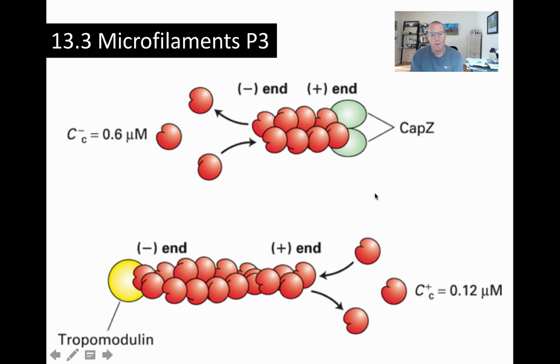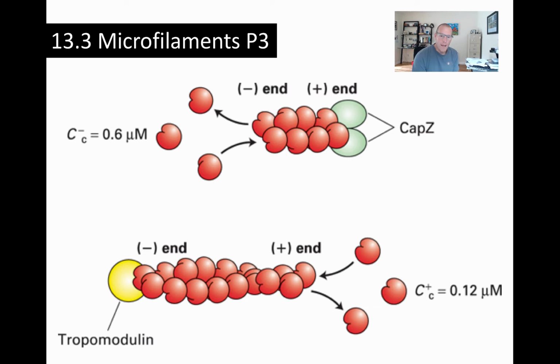So whether the microfilaments can actually grow is dependent on whether the ends are capped, and so there's a family of proteins called capping proteins, like this one here, CAP-Z, on the plus end of the microfilament, and that will bind to the plus end and interfere with polymerization. We can also stop depolymerization by the use of proteins such as tropomodulin on the minus end.